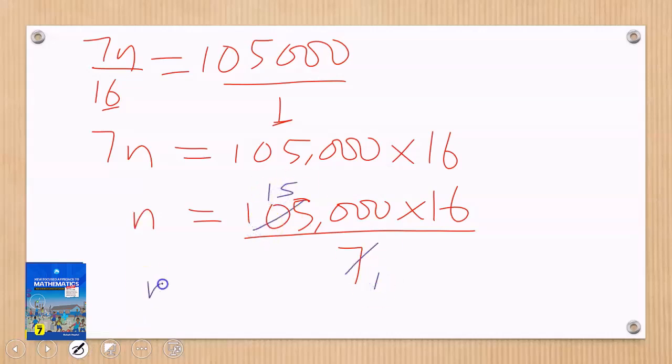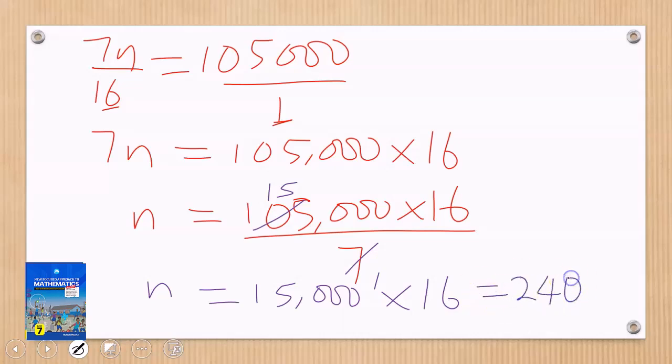So n is equal to 15, then 1000, times 16. So we can also do 15 times 16, which is very easy to do. Of course, that will give us 240. Then we attach our 3 zeros to it, which will be 240,000 Ghana cedis.